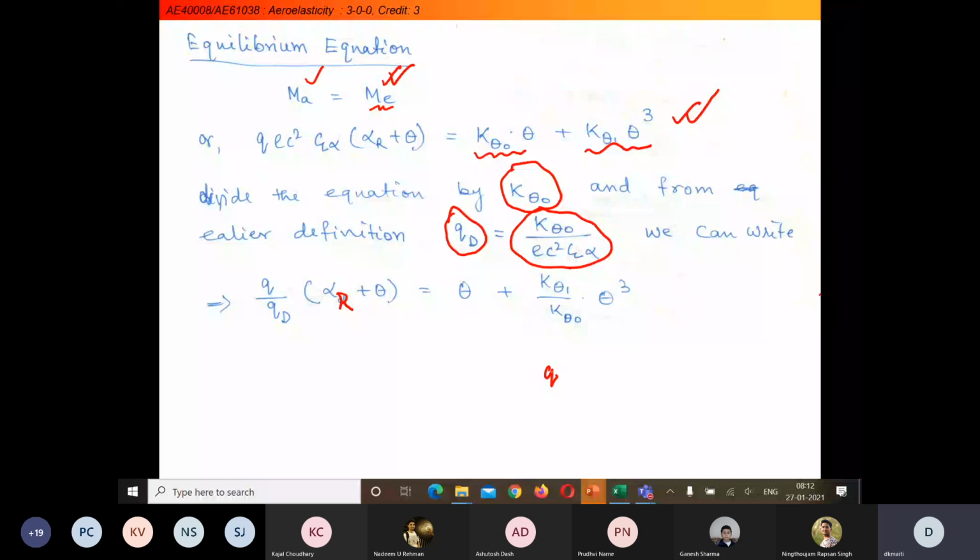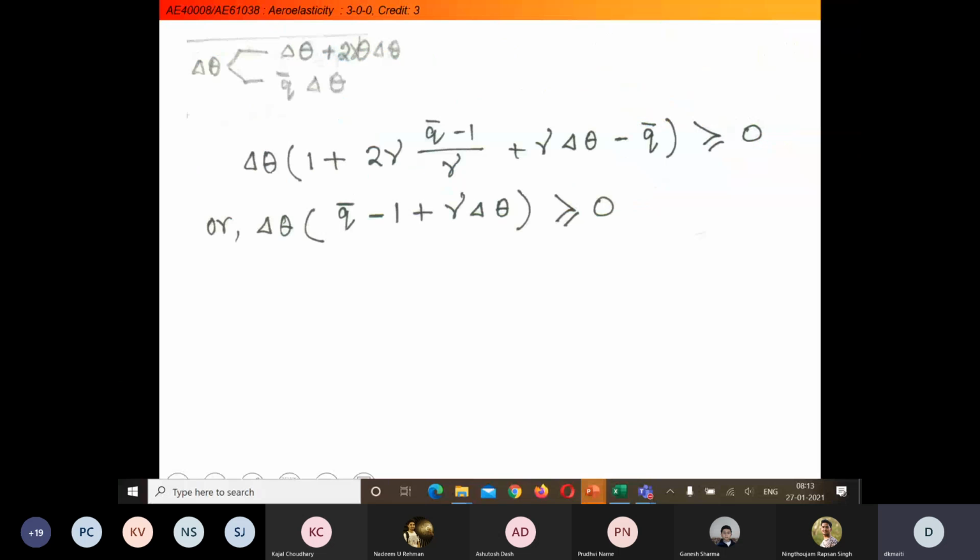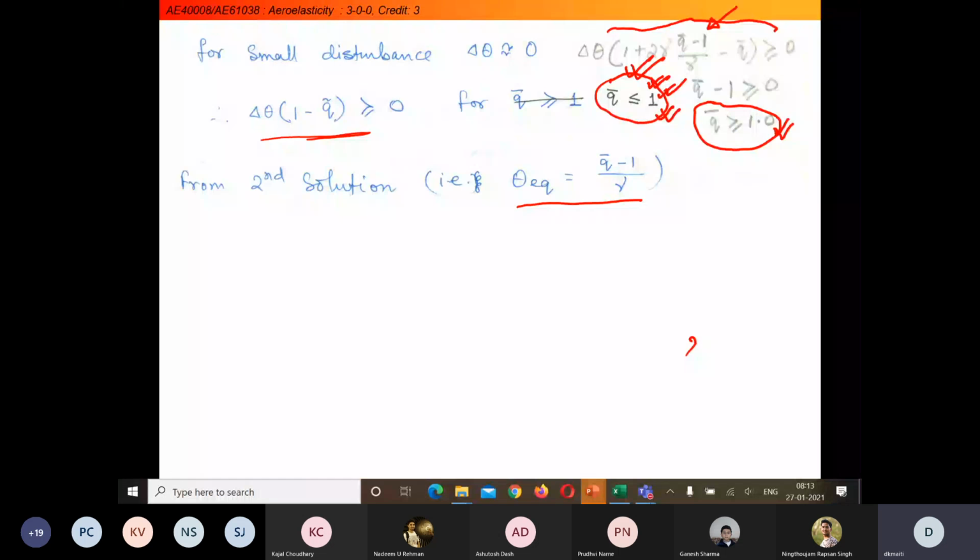So this equation finally we are getting as gamma theta cubed plus theta minus q bar into alpha r plus theta. Let us consider alpha r equal to 0.